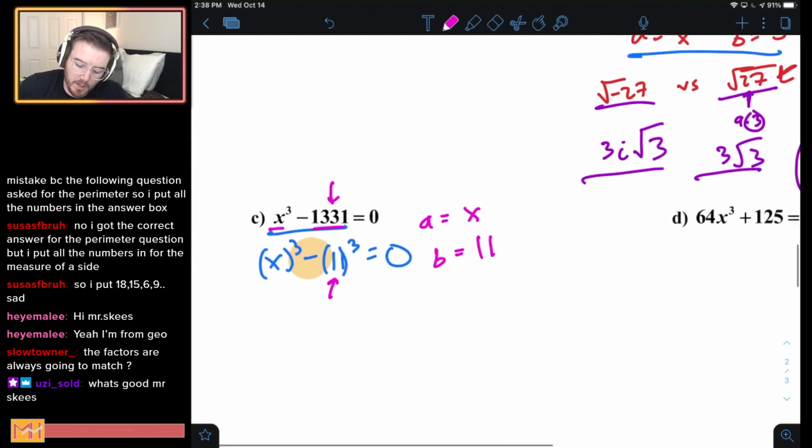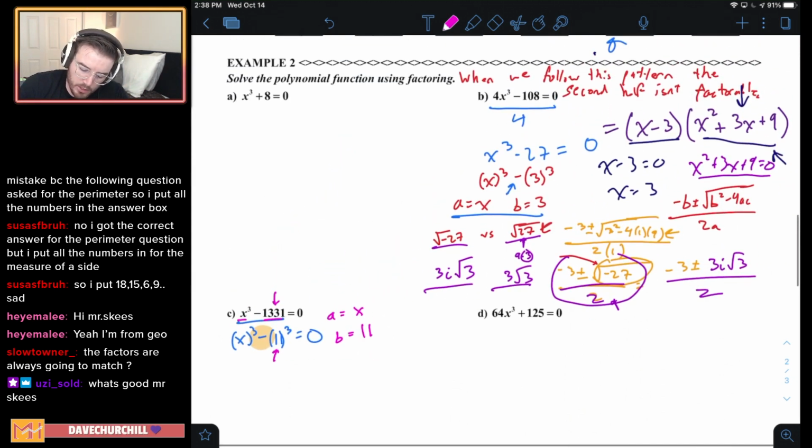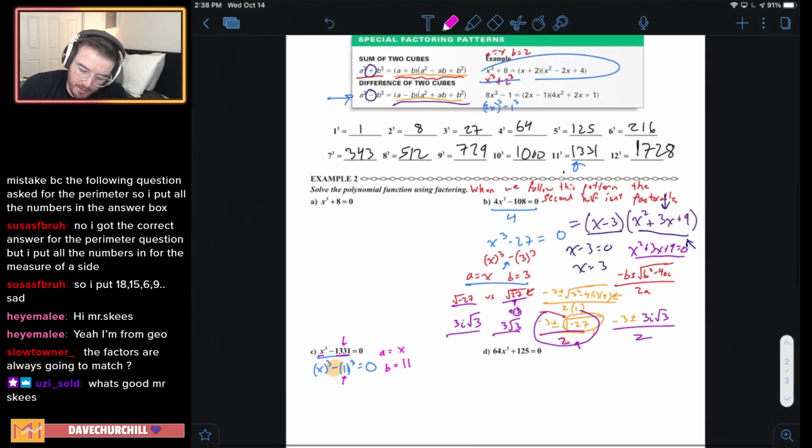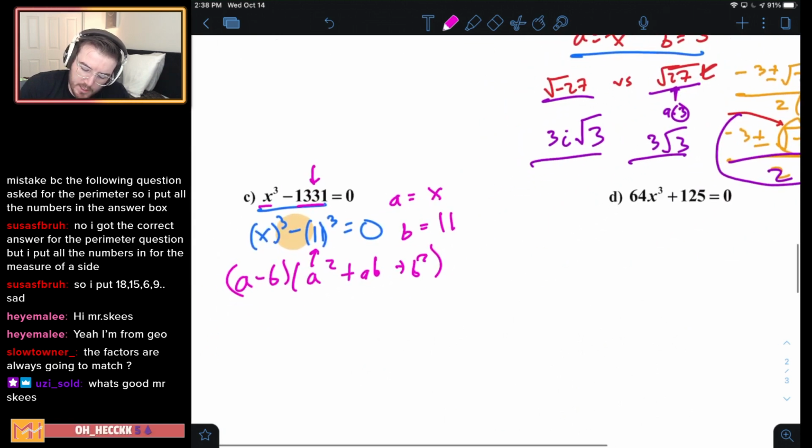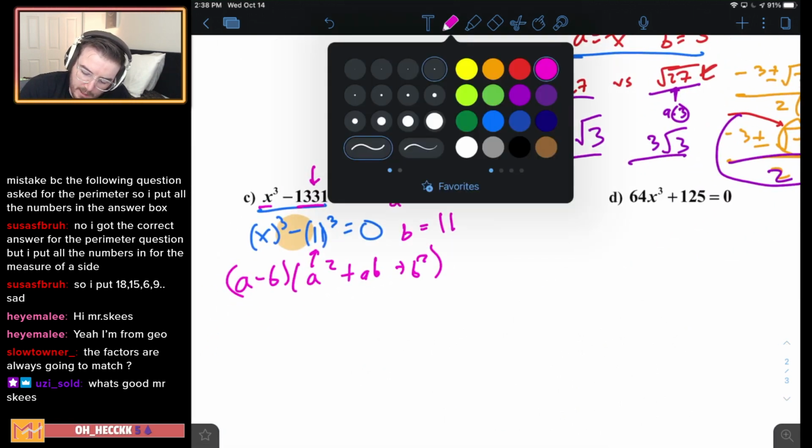All right, and then we use the equation, which, let me write it down so that way I'm not zooming back and forth. A minus b times a squared plus ab plus b squared. So there's the equation from the tippy top there.